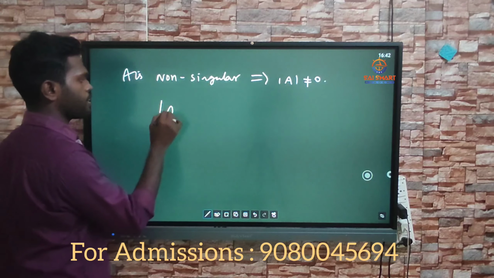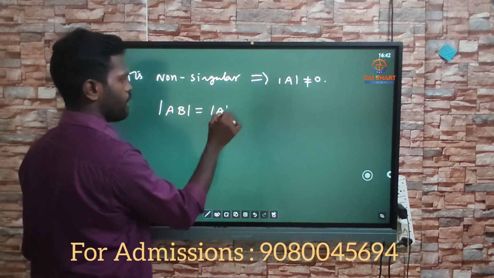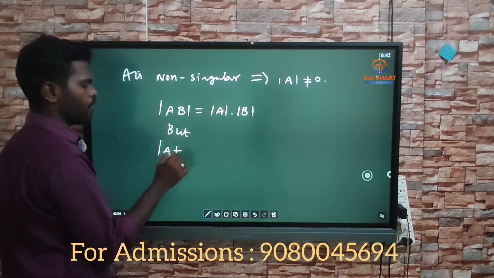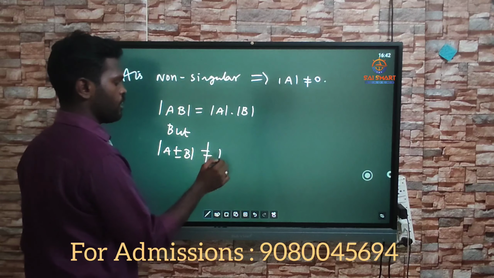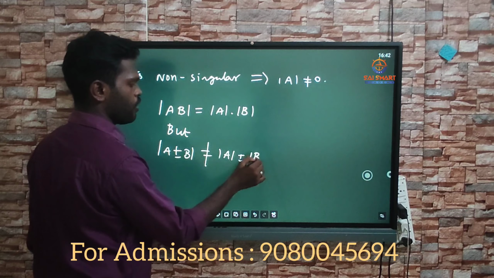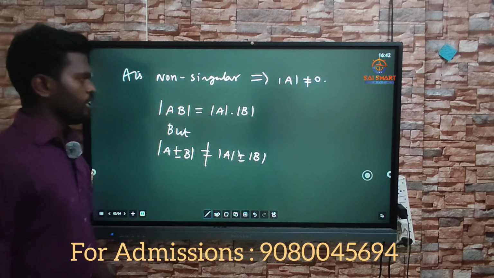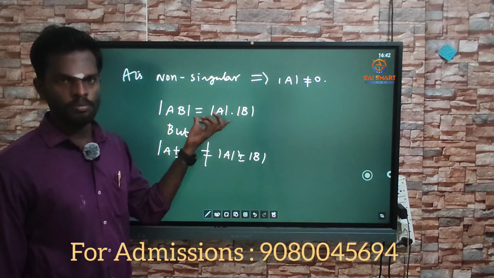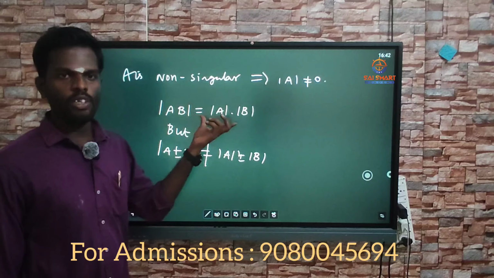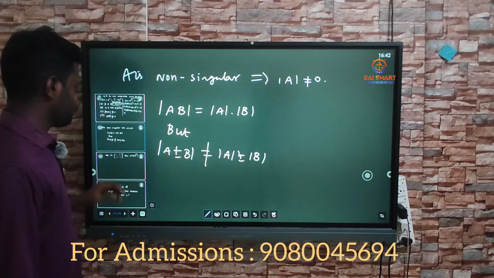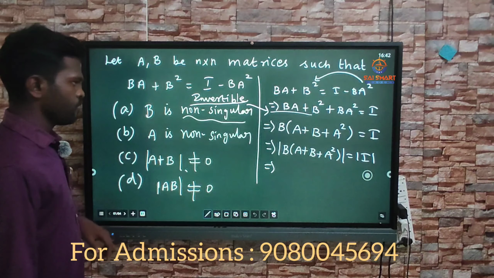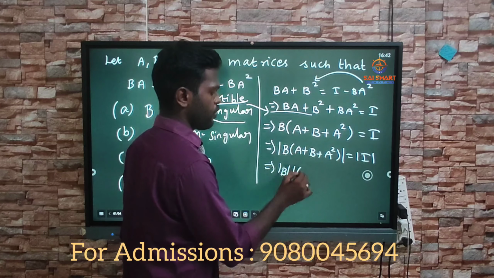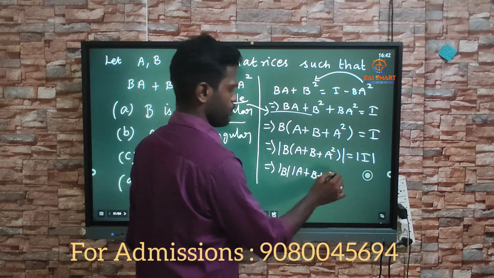Also, determinant of AB equals determinant of A into determinant of B, but determinant of A plus or minus B is not equal to determinant of A plus or minus determinant of B. So the linearity property doesn't hold for addition or subtraction, but it holds for multiplication over the determinant. Now splitting the determinant, we get determinant of B times determinant of A plus B plus A squared.